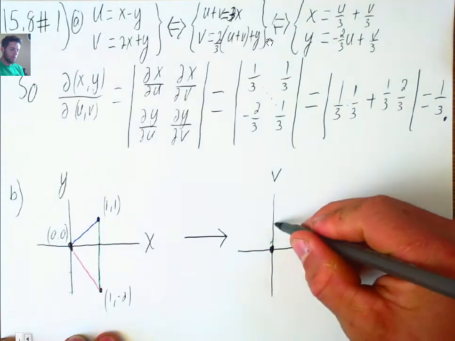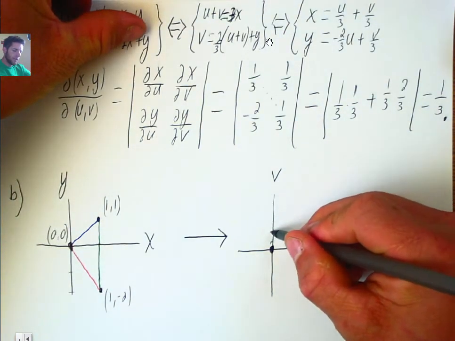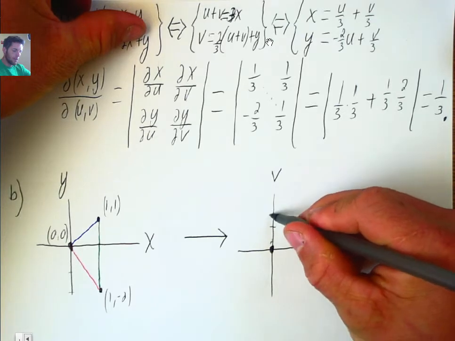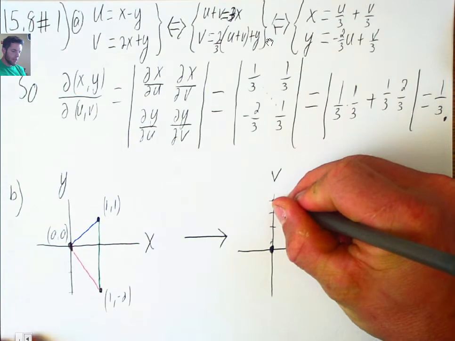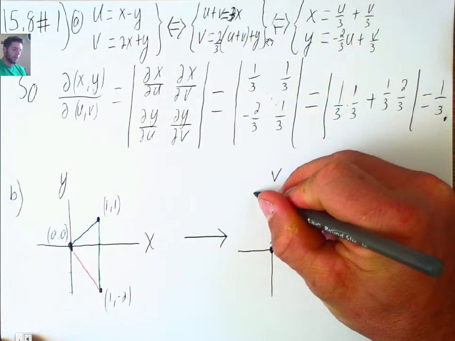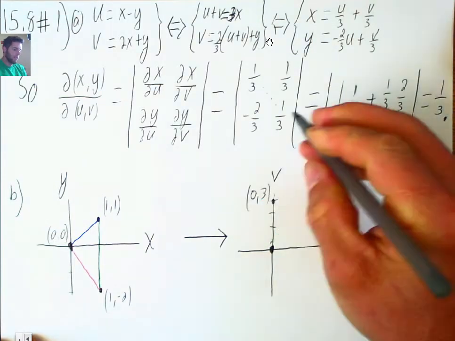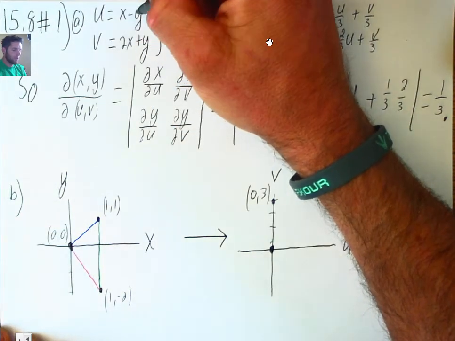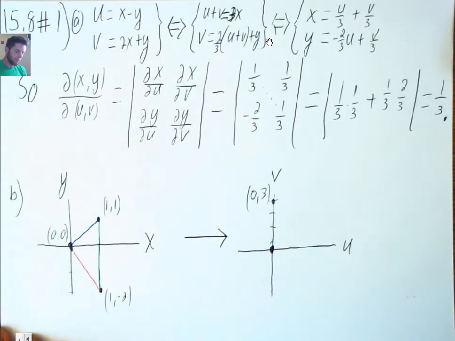I'm going to be somewhere along this line. And v is 2 times 1 plus 1. That's 3. Okay, so the point 1, 1 is taken to the point 0, 3. Again, put in 1 and 1 for x and y, get 0 there and 3 there for u and v.